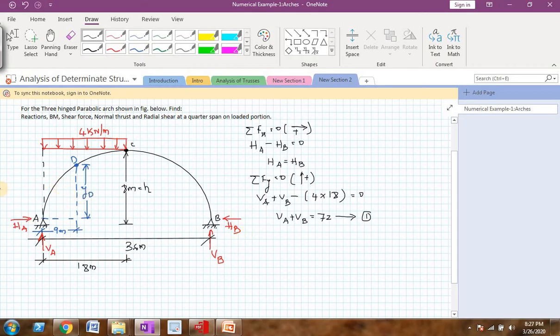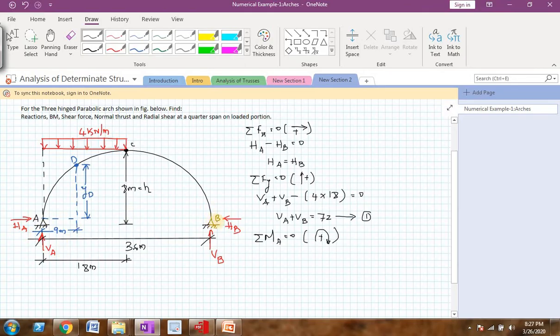Let's move forward and apply the third equilibrium equation, that is moment either at A equal to 0 or moment either at B equal to 0. Let me apply moment at A equal to 0, and my sign convention will be all the clockwise moments as positive. So I am taking moment at A equal to 0, so no question of moment of HA and VA.